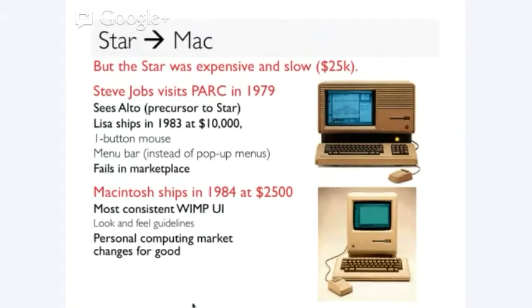And the Lisa in 1983 at $10,000 failed, but then the very next year, Apple introduced the Macintosh, which had a very similar windowing system, mouse-driven interface, icons, all of these abstractions you saw from Xerox, and really changed the personal computing market for good.